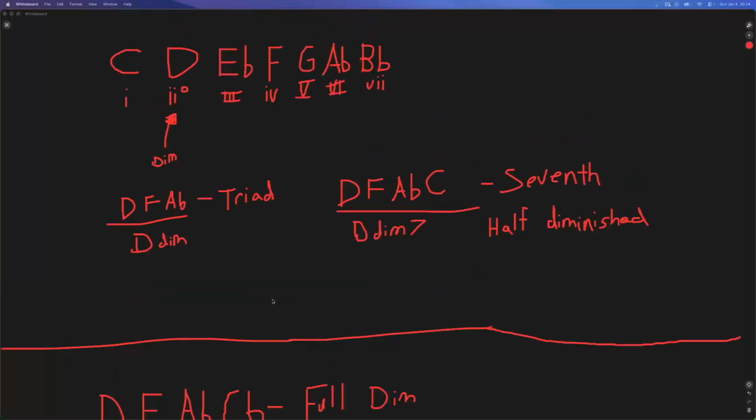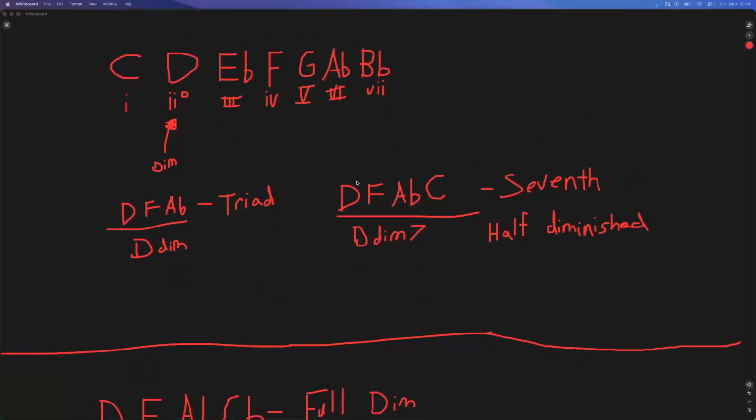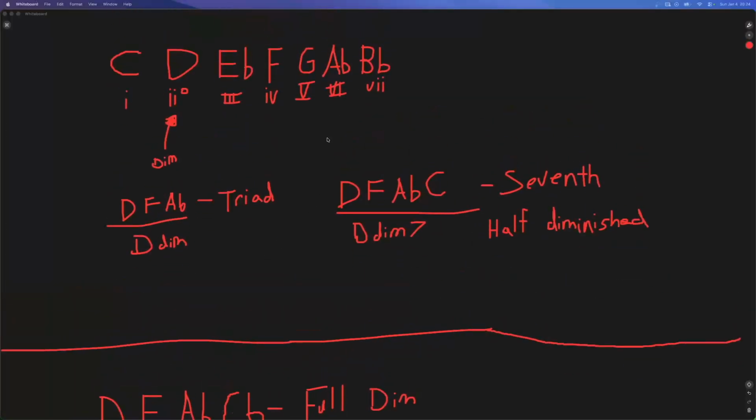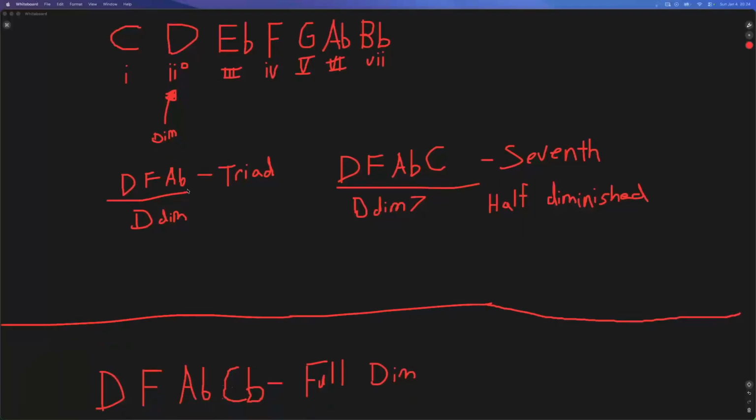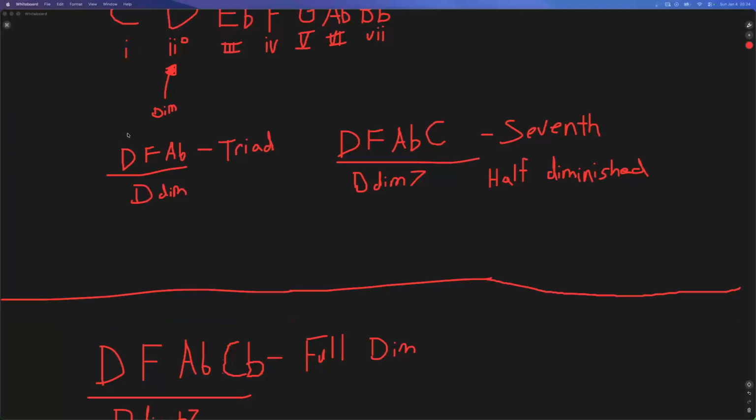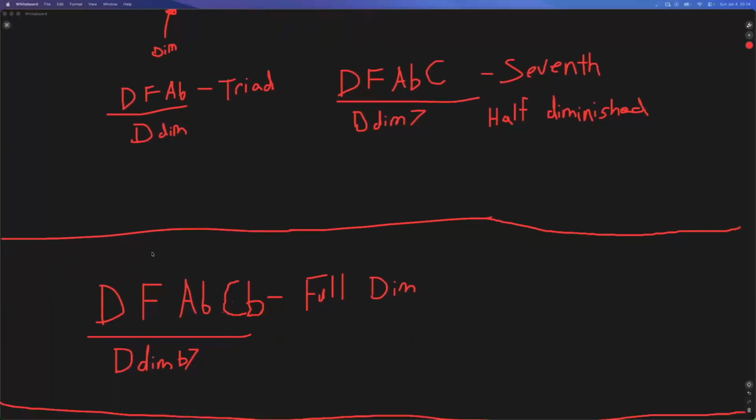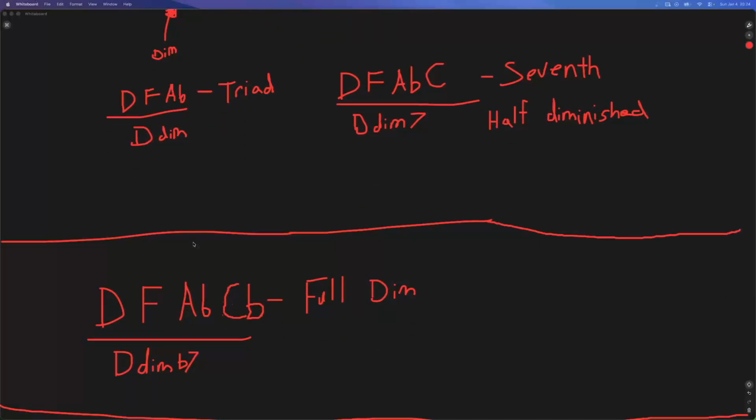And the reason why I didn't write B is because I want to notate that it's this note flattened. So in some scenarios, in one of the full diminished chords, you're actually going to have a double flat, and I'll explain that when we get to that.